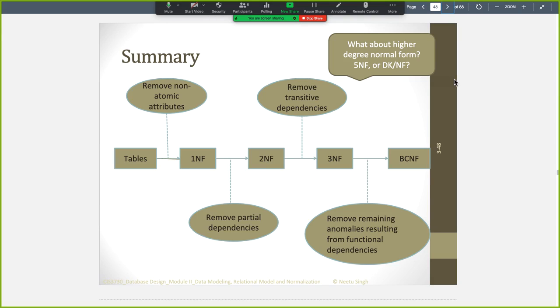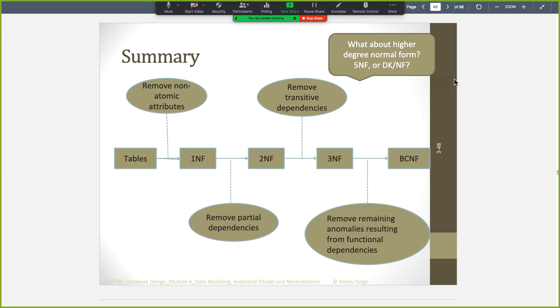Domain in data theory refers to the set of values a particular attribute or column can have. For example, if we have a column called weekday, what is a weekday? Weekday is not date. Date is from the first day of the month to the 31st, if you have a larger month.